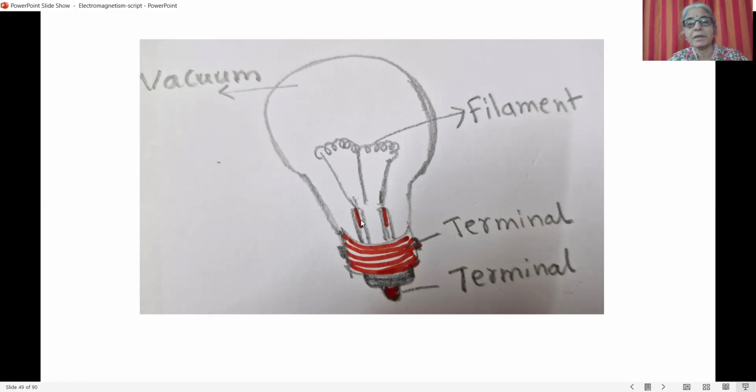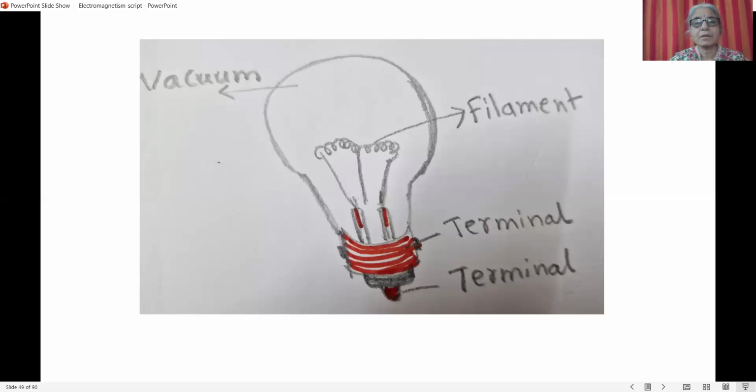And between these two wires, there is a thin coiled wire, which we call the filament. Filament is made of a metal called tungsten. Tungsten is a metal which gets heated when you pass electric current. Most materials which conduct electricity become heated when electricity flows through them. So electricity has a heating effect.